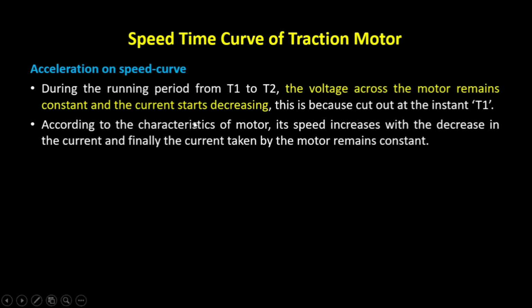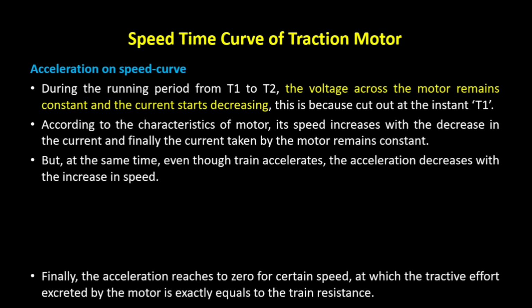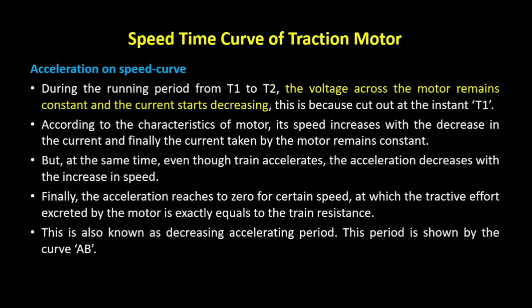Because of this, current decreases, speed increases, and acceleration also decreases. Because of the increase in speed, the train will catch up its speed. So this is how the acceleration on speed curve, indicated by points A to B, is defined.